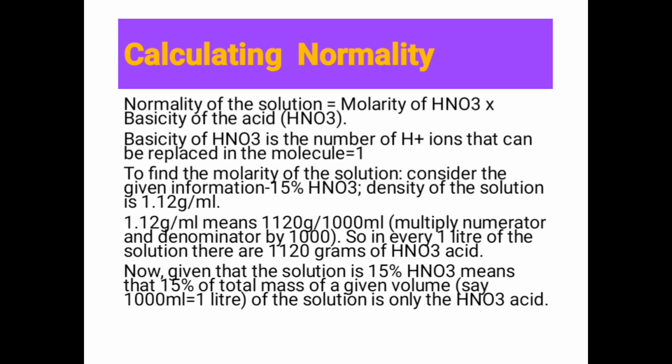So if you have done that, you would have gotten 2.38. Then multiply by the basicity of the acid. So you can find the molarity of that particular substance and multiply it by basicity. Basicity of HNO3 is 1. You still get the same answer.